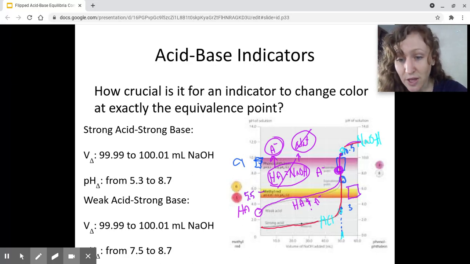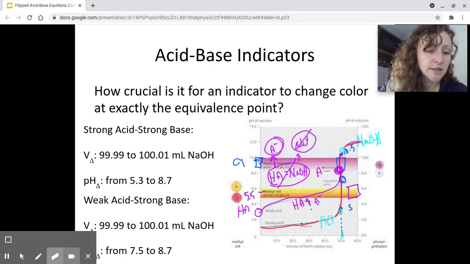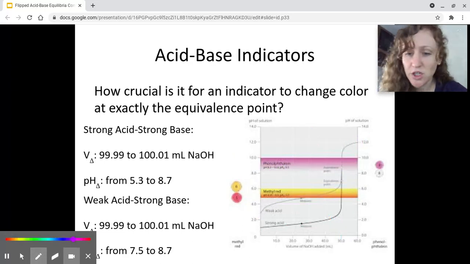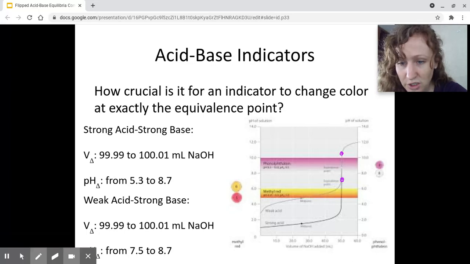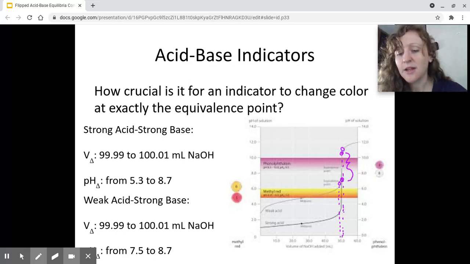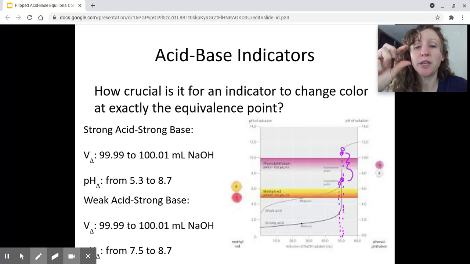And notice the volume change. Let me erase this so you can see that more clearly. Notice that our pH doesn't change quite as drastically, and that volume change, probably a drop, results in a smaller pH change.